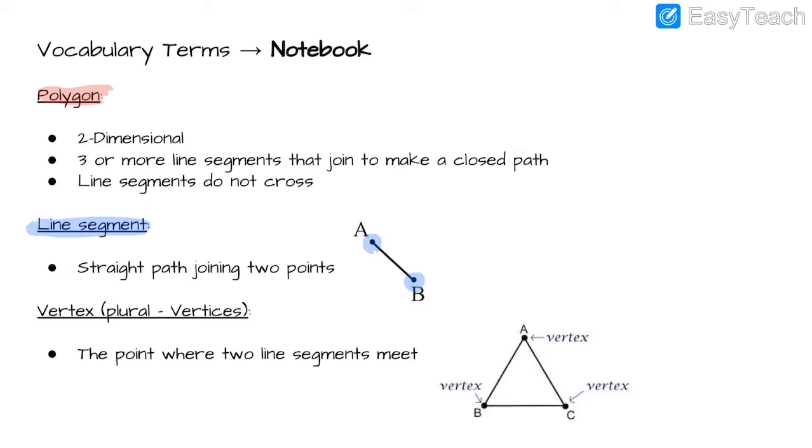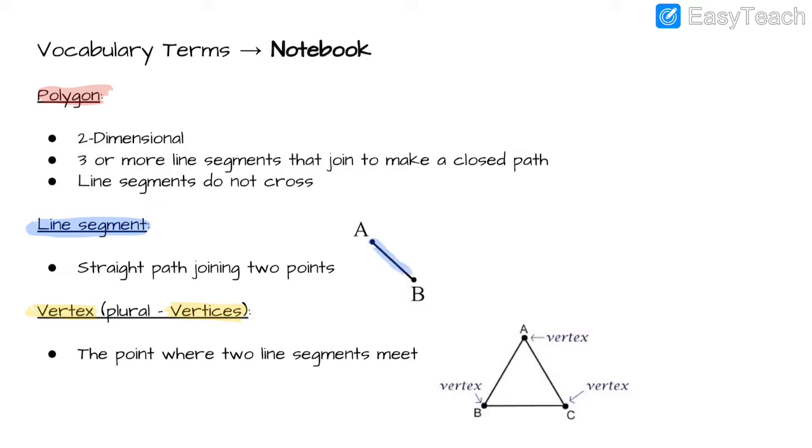All right, and then the last one that we've got is a vertex, also called vertices. That means more than one. That is the point where 2 line segments meet. Okay, so in our line segment, we have the middle part.